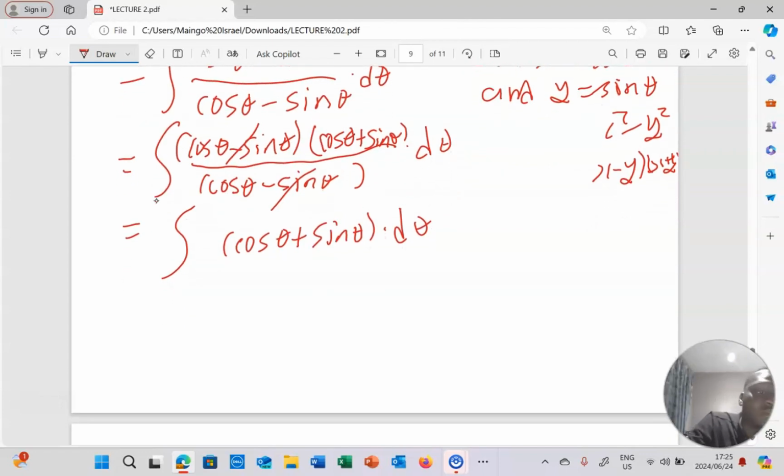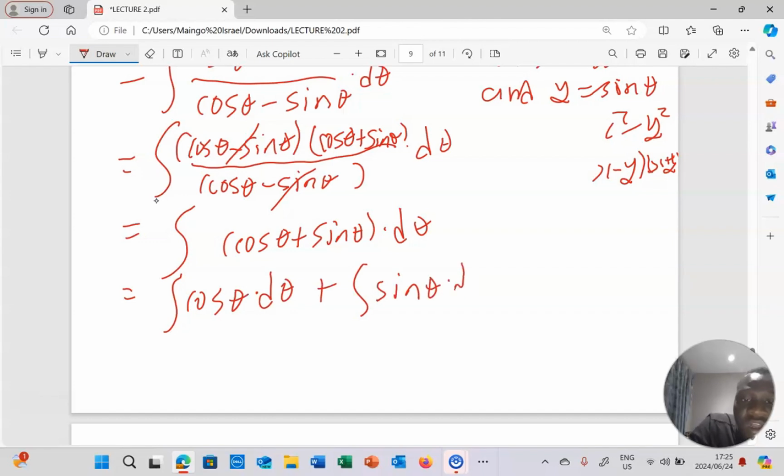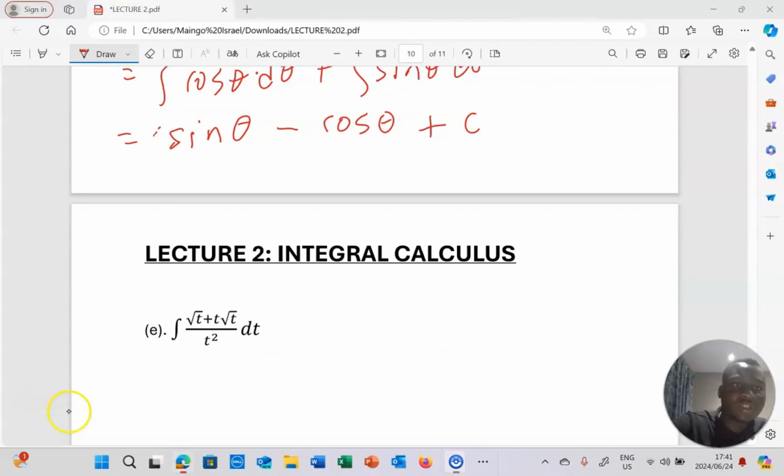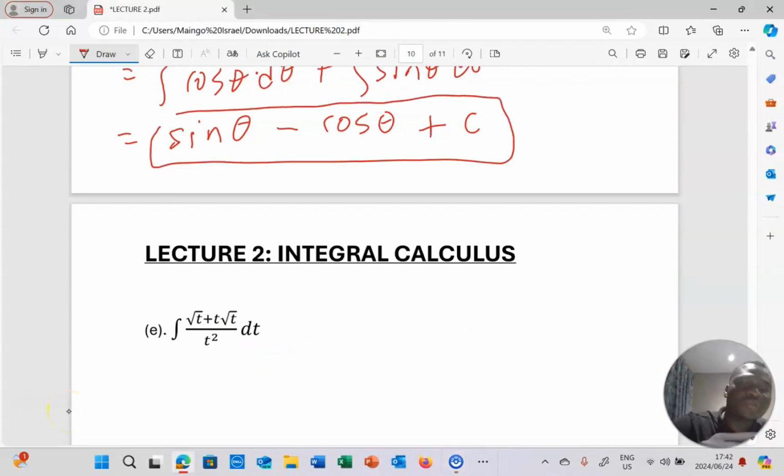Here we can integrate separately: the integral of cos theta d theta plus the integral of sine theta d theta. What do we differentiate to get cos theta? It's obviously sine theta. For sine theta, it's obviously negative cos theta, plus a constant, and this is the answer for this problem.